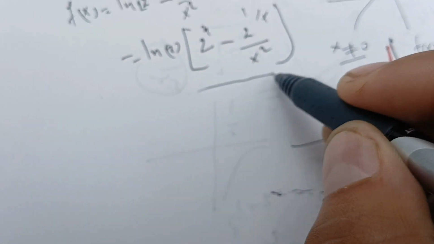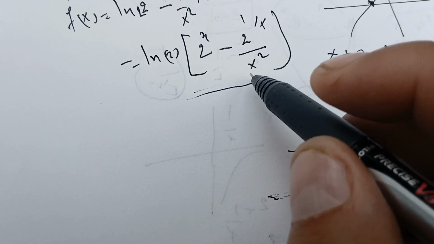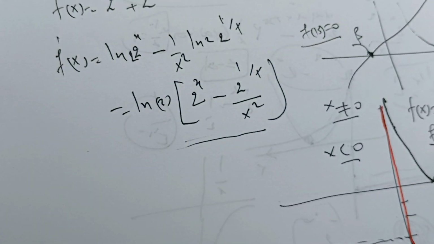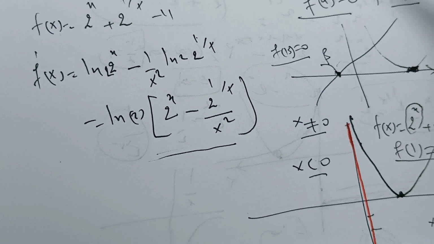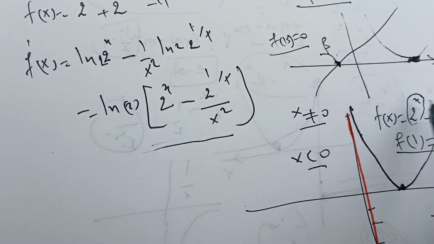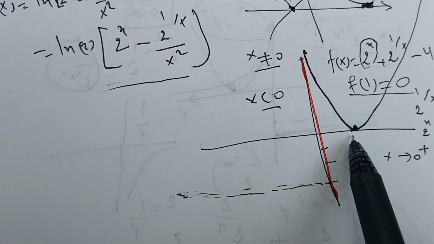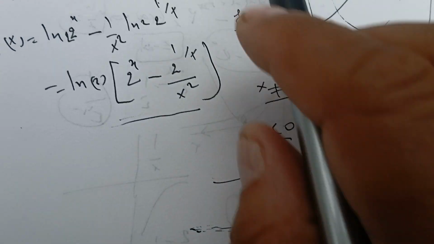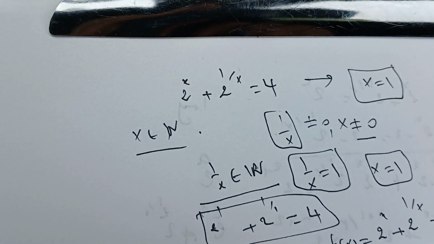And we study the sign of this expression to see where the function is increasing or decreasing. But a graphical approach, by just looking at the function and taking the limits, would show that this is the only solution. This proves that x equals 1 is the only solution for this equation.